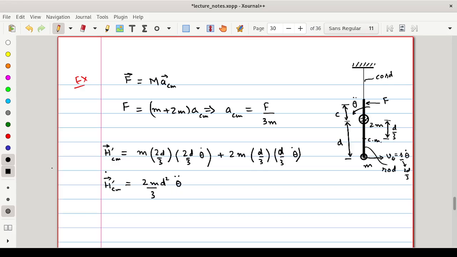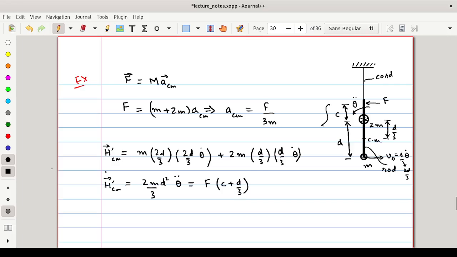Now by the relation between the rate of change of relative angular momentum with respect to the center of mass, I can equate this with the net moment of all external forces about the center of mass, which will be F times c plus d by 3.